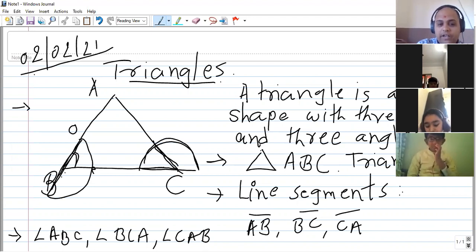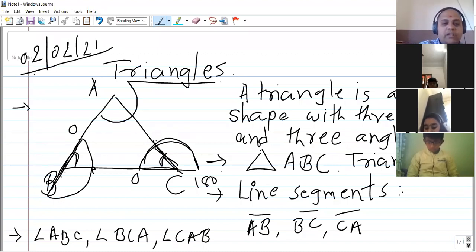This is 0, this is 180. Whatever angle comes here, you write here. And for the third one, you put the protractor like this, 0 here and 180 here. Then you have to measure whatever the angle is here.